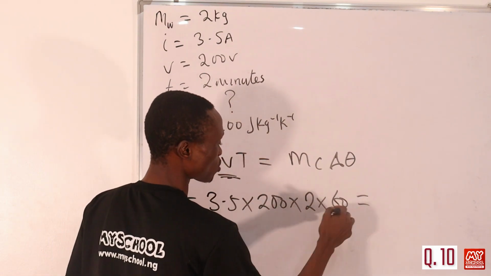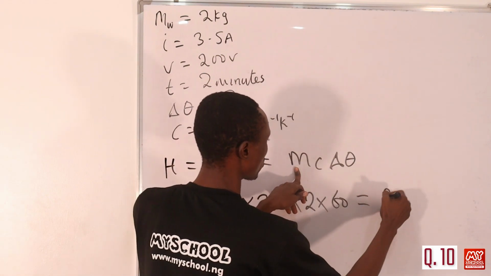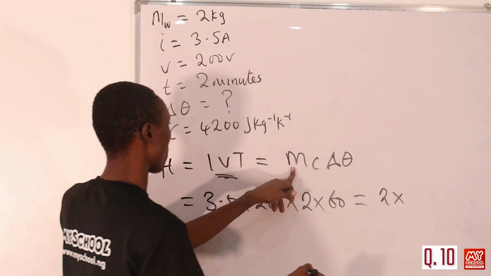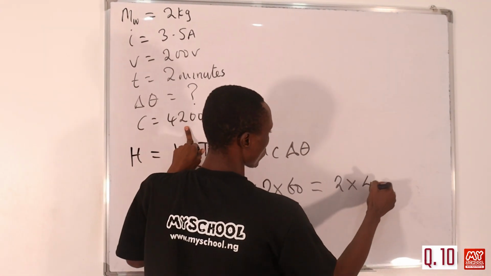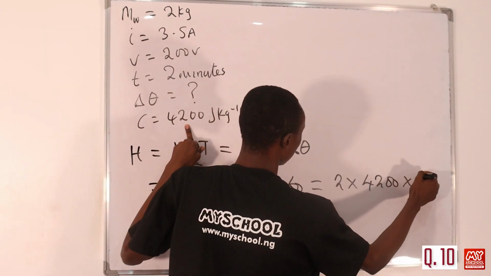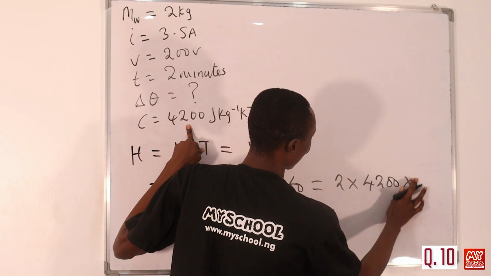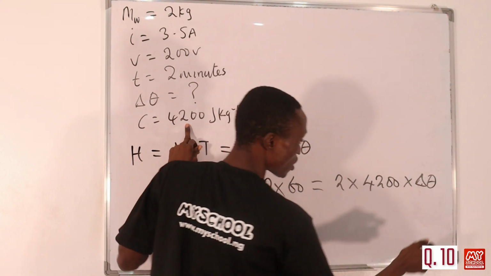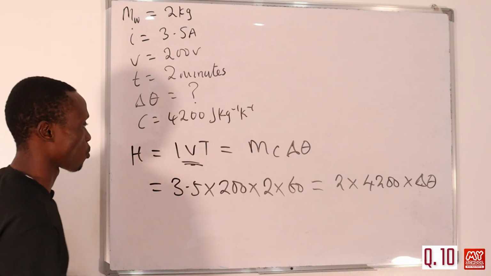All of this will be equal to the mass of the water, which is 2, times the specific heat capacity of the water, which is 4,200, times the change in temperature, or the increase in temperature, which we are actually calculating.